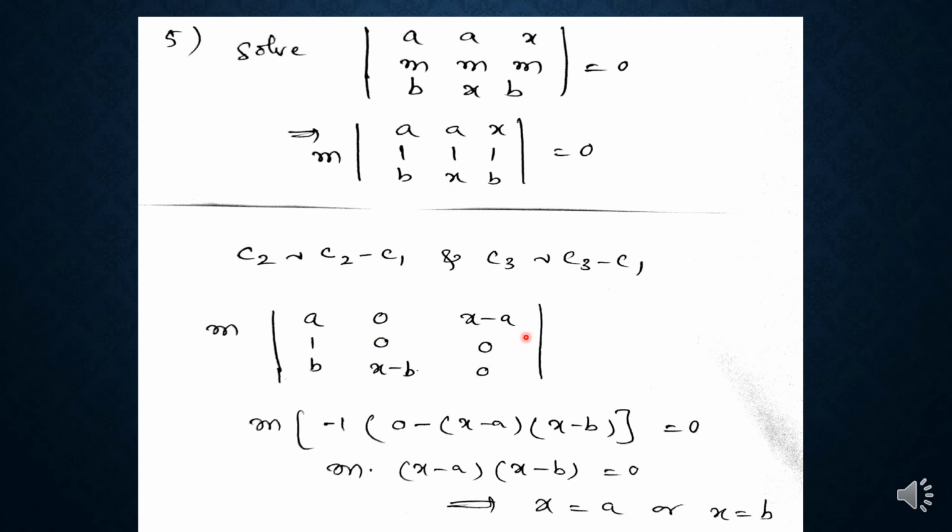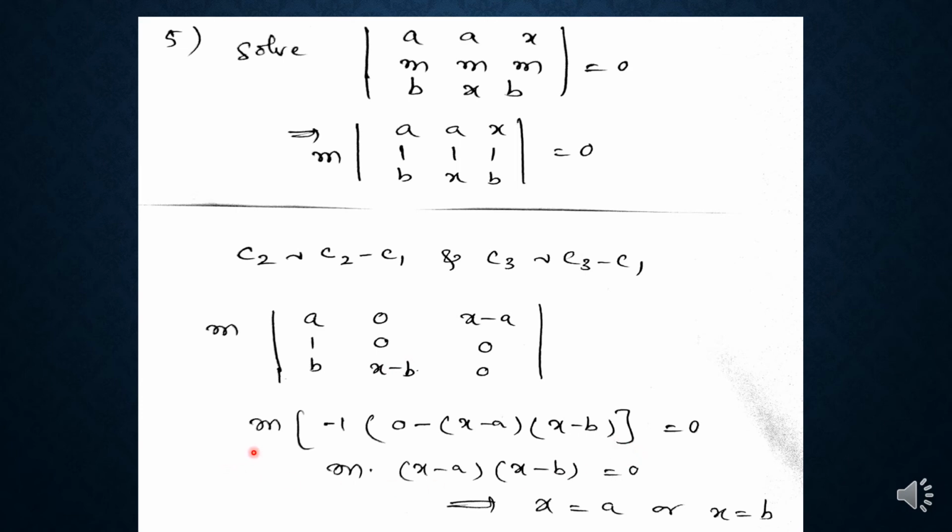By expanding the determinant using Laplace expansion according to the second row, we will get m into, while taking the second row, this element we will get the minus sign for the cofactor. So I am taking minus 1 here, minus 1 into 0 into 0, 0 minus of x minus a into x minus b, that is equal to 0.